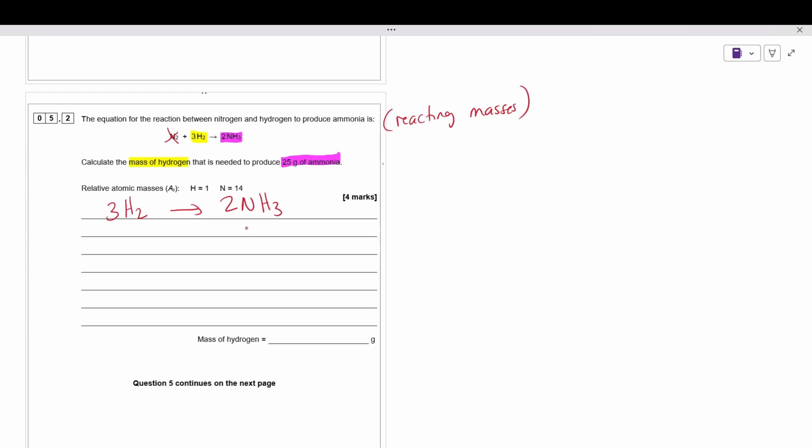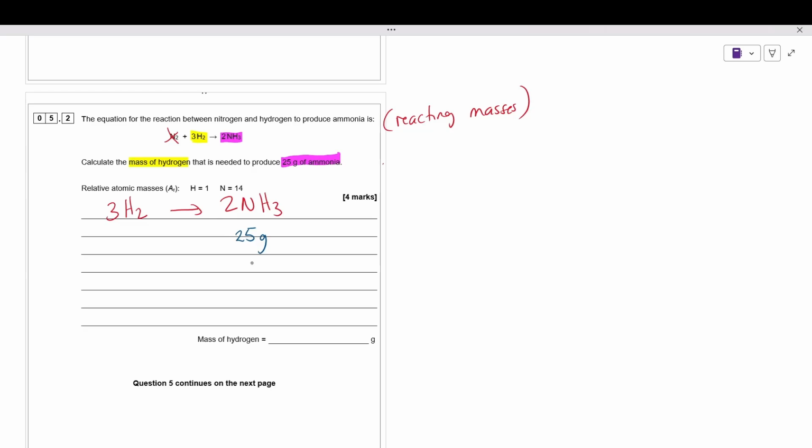First thing I'm going to do now, I'm going to put the information that I've got. Let me change the color of my ink. So this is 25 grams of ammonia. In order for me to find what hydrogen is, the first thing I'm going to do is convert that 25 grams into moles by dividing by the Mr for ammonia.